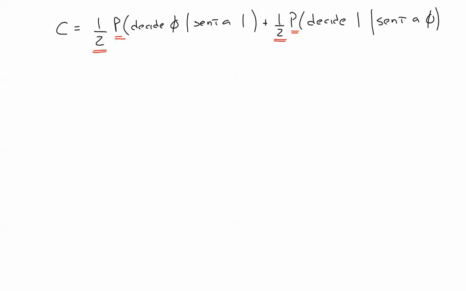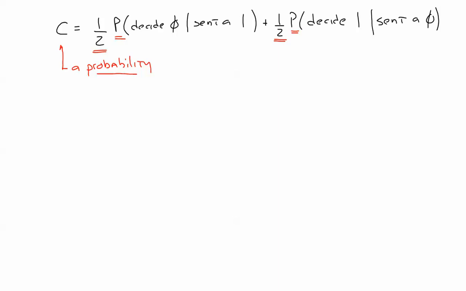The point that I'm getting at is all of the factors for this example, everything on the right-hand side of the equal sign, is a probability. So for this particular example, that cost is a probability.